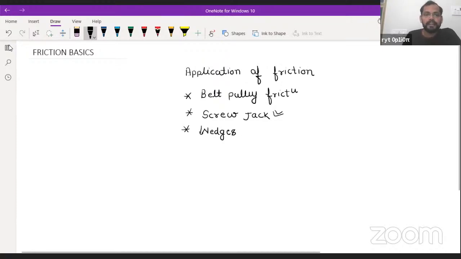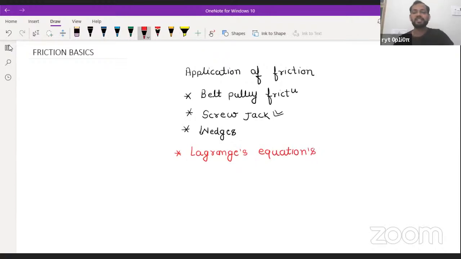That topic is Lagrange's equation. In this session we will see what Lagrange's equation is, where we can apply it, and how we can apply Lagrange's equation to dynamic problems.